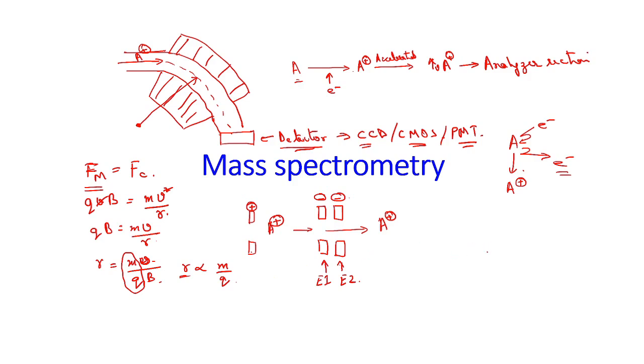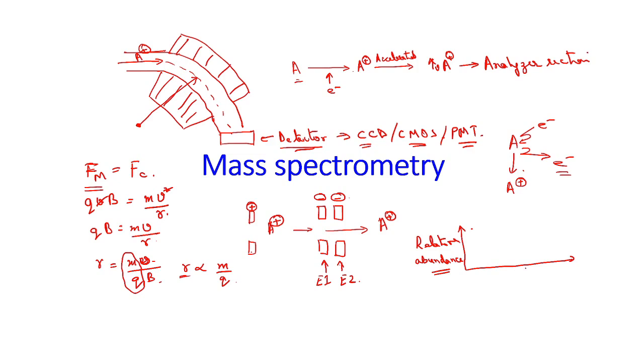Now in mass spectrometry, we have the relative abundance, that is the number of charged particles which are reaching the detector. And what is the independent variable?